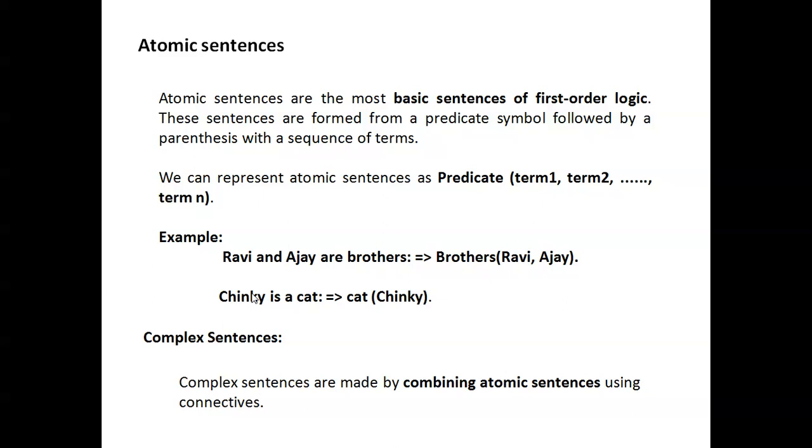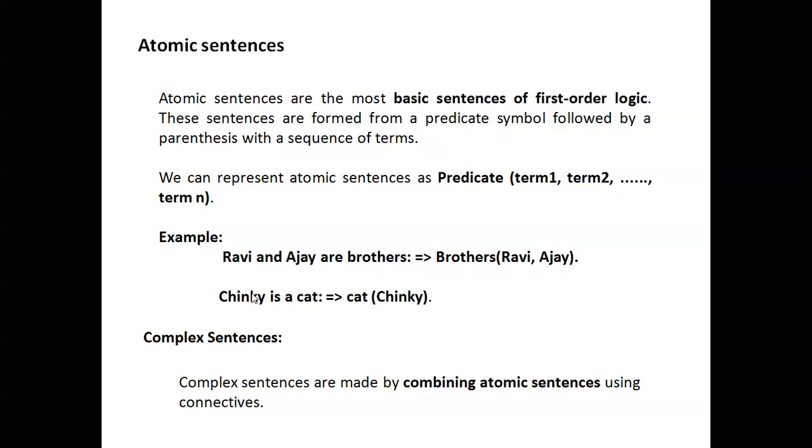We can represent an atomic sentence as predicate(term 1, term 2, up to term n). For example, Ravi and Ajay are brothers, and Chinky is a cat.